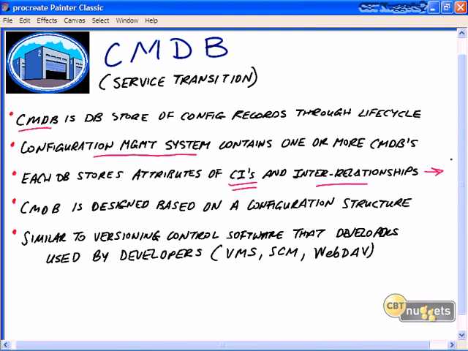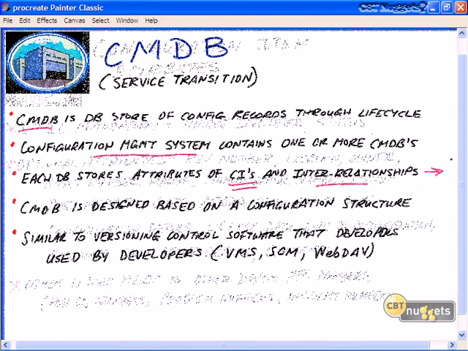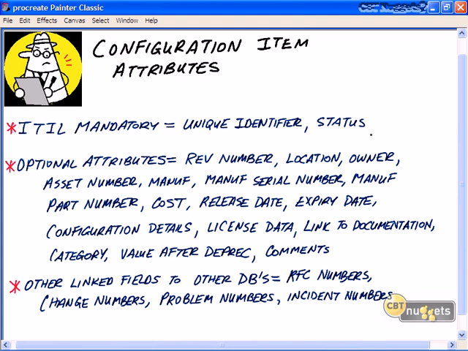CBT Nuggets has tons of different training modules to help you learn database management and database systems. Let's just look at some of the attributes of configuration items, some of the things you would find in this CMDB. A wise man once said, "Facts, apart from their relationships, are like labels on empty bottles."